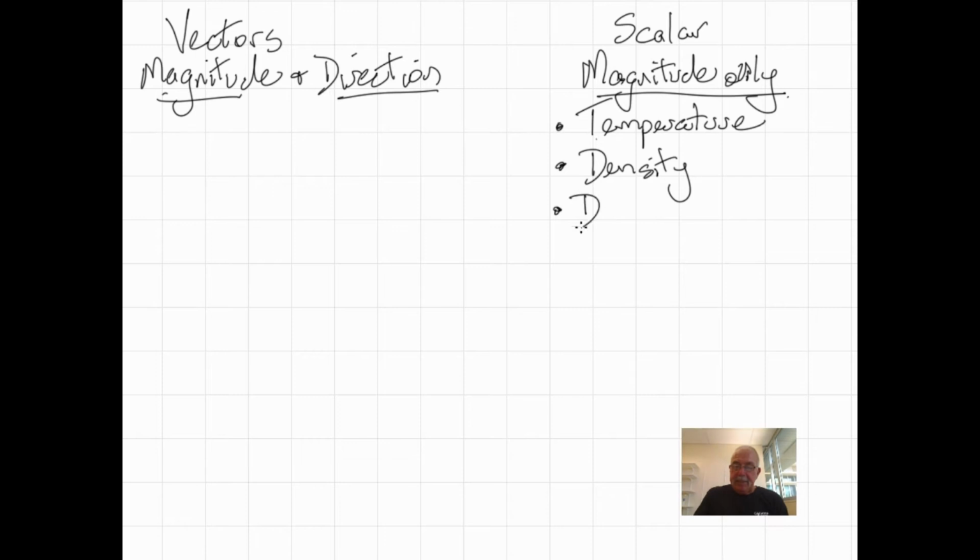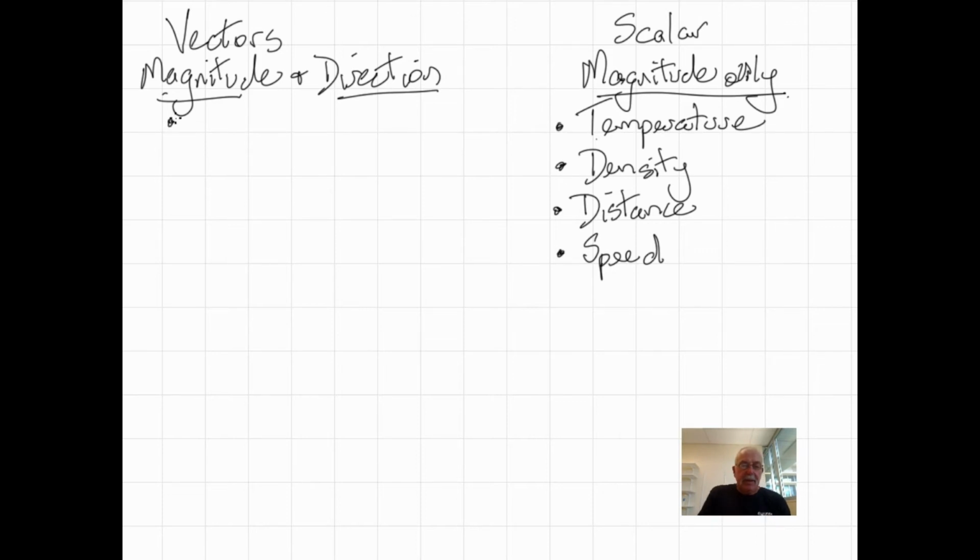Just distance. Distance is how far something has travelled, how long it is between 2 points, and distance we can measure in centimetres, metres, kilometres. Speed, how fast something is travelling. So there are many more, but there are the four examples of a scalar.